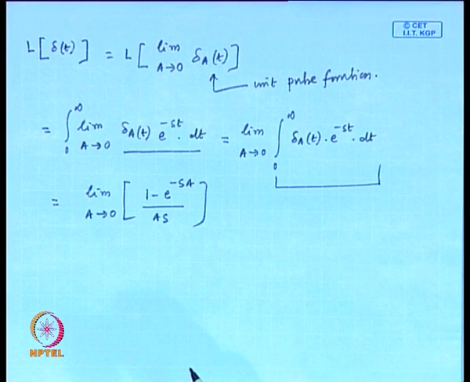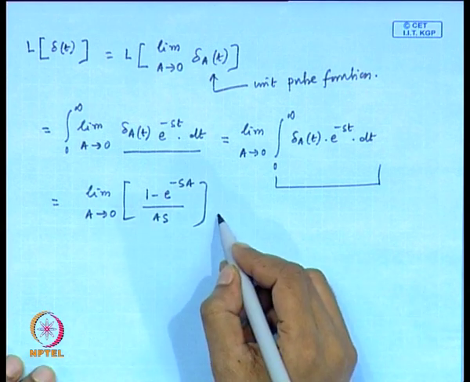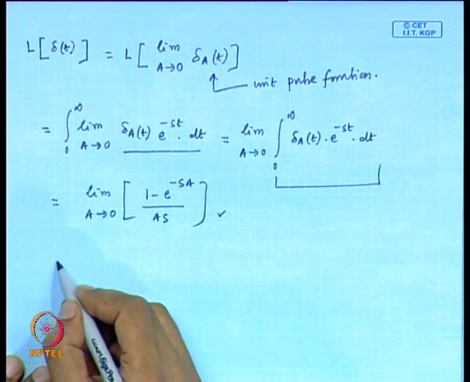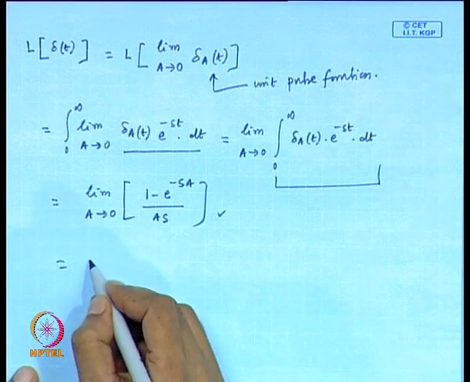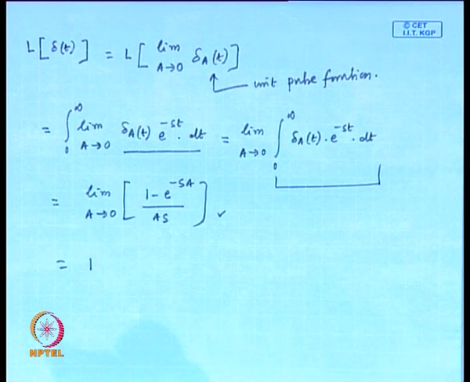Just replace B by A and A by 1 by A, then we will get this equation. So, how much will it be? 1. How? By the use of L'Hospital's rule. So, this is the Laplace transform of the unit impulse function.